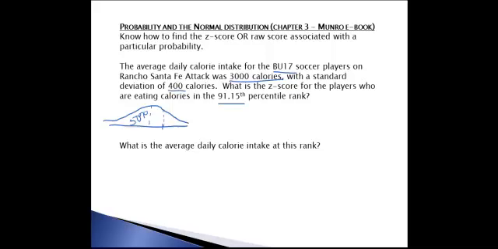So here, 50, we can subtract it. So 91.15 minus the 50%, and then we would come up with 41.15% of the data would be right here. So this is the mean, which would be 0. And then, here we're including all of this, and we don't know what the z-score is here. Okay, this is what we're looking for.